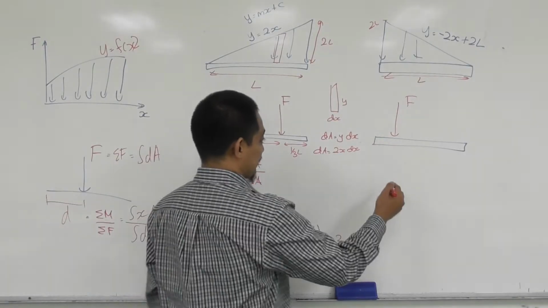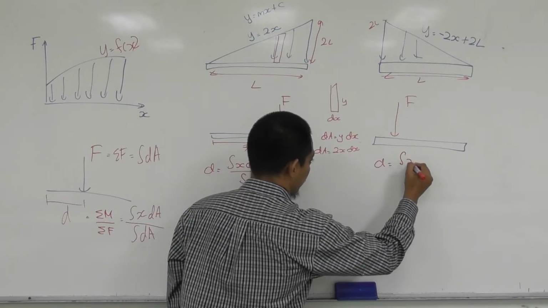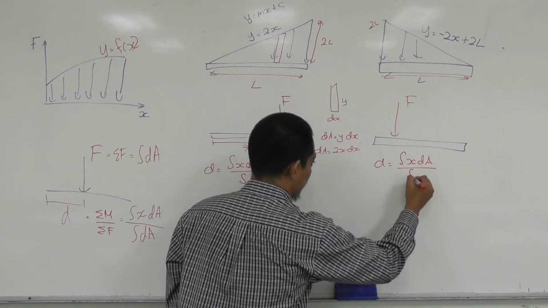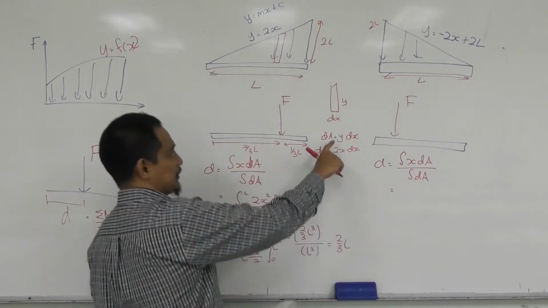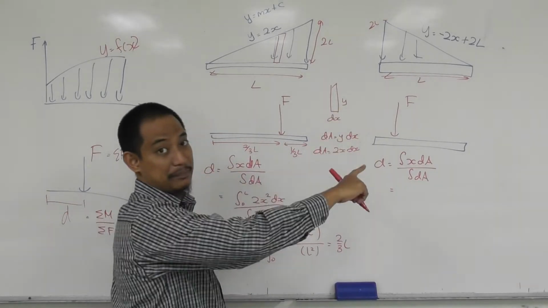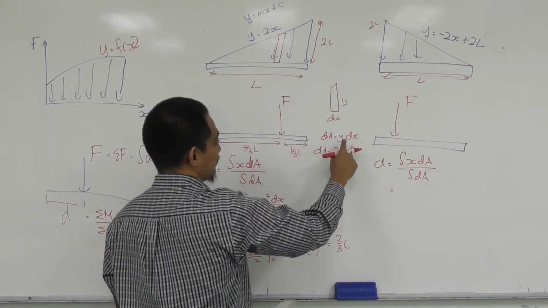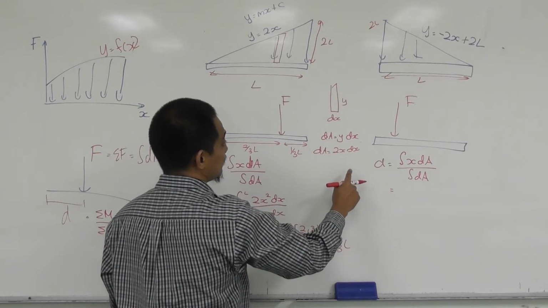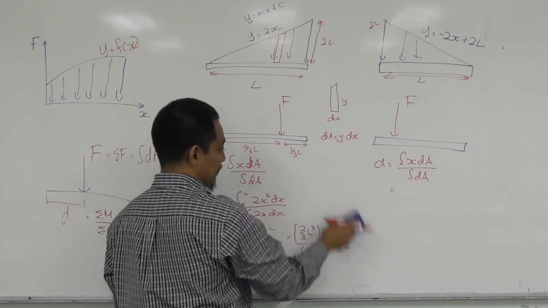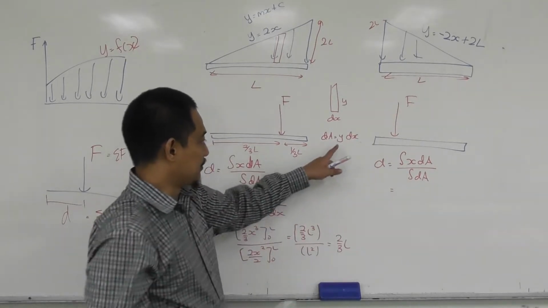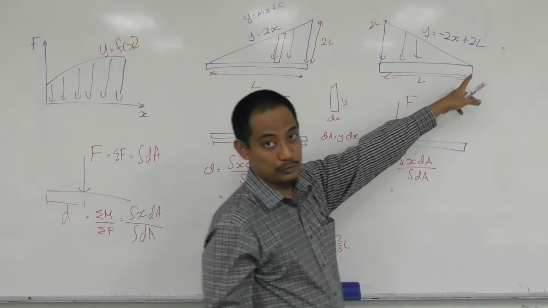So it's the same. Now, in terms of the position, d equals integration of x dA over integration of dA. The dA is still the same, so if you take the element, it's still y dx, but y is different: minus 2x plus 2L.